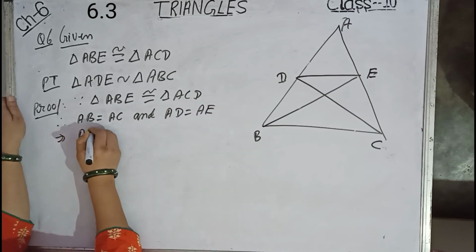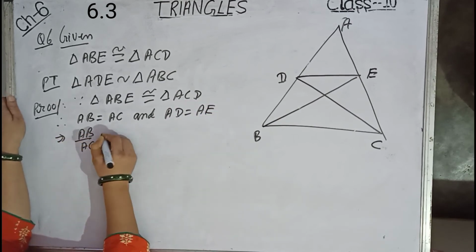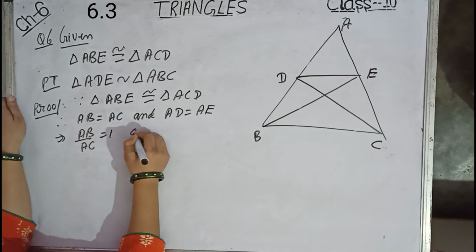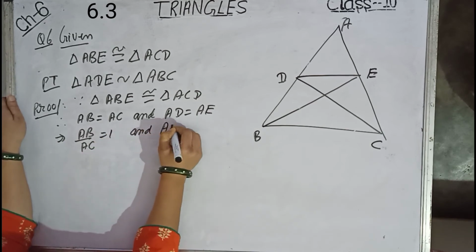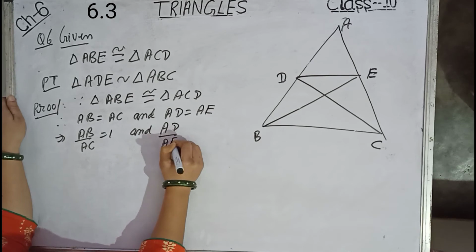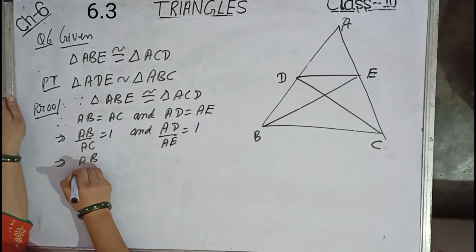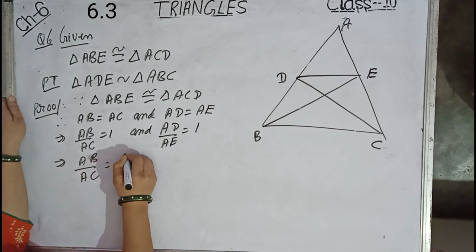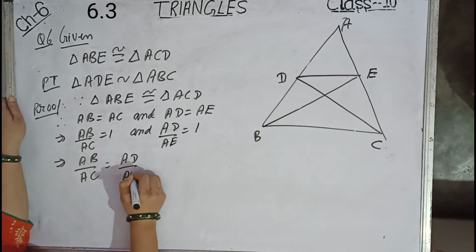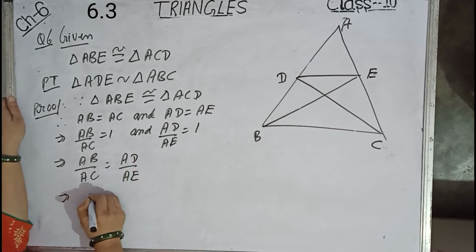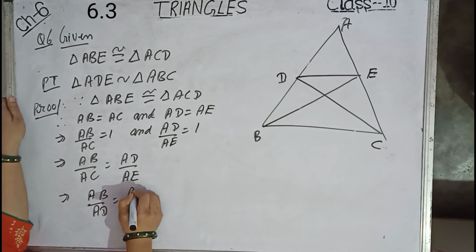This implies AB by AC equals to 1 and AD by AE equals to 1. This implies AB by AC equals to AD by AE. This implies AB by AD equals to AC by AE.